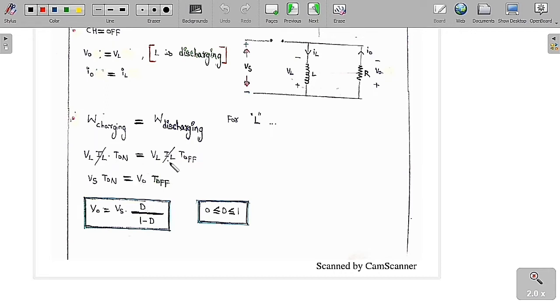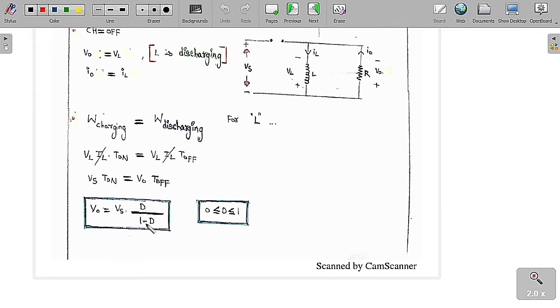In both cases IL is the same, so IL gets cancelled. VL in the charging mode is equal to Vs, whereas in the discharging mode VL is equal to V0. So Vs into T on is equal to V0 into T off. If you solve this, we finally get V0 is equal to Vs into D by 1 minus D.